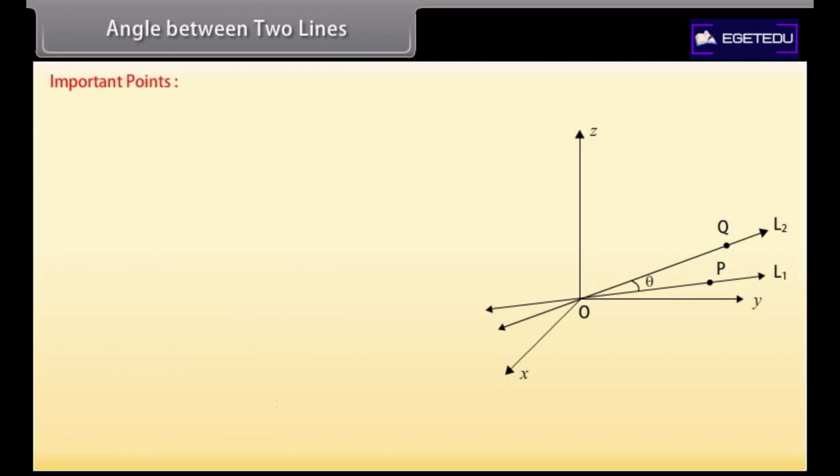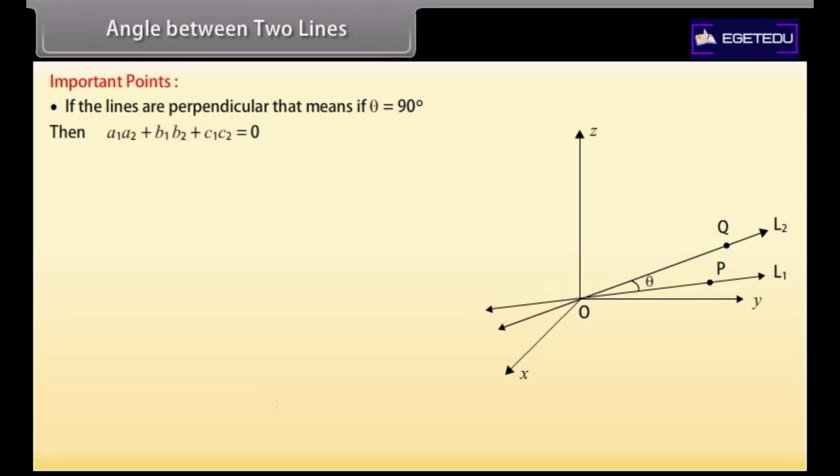Important points. If the lines are perpendicular, that means theta equals 90 degrees, then A1 A2 plus B1 B2 plus C1 C2 equals 0. If the lines are parallel, that means theta equals 0 degrees, then A1 by A2 equals B1 by B2 equals C1 by C2.